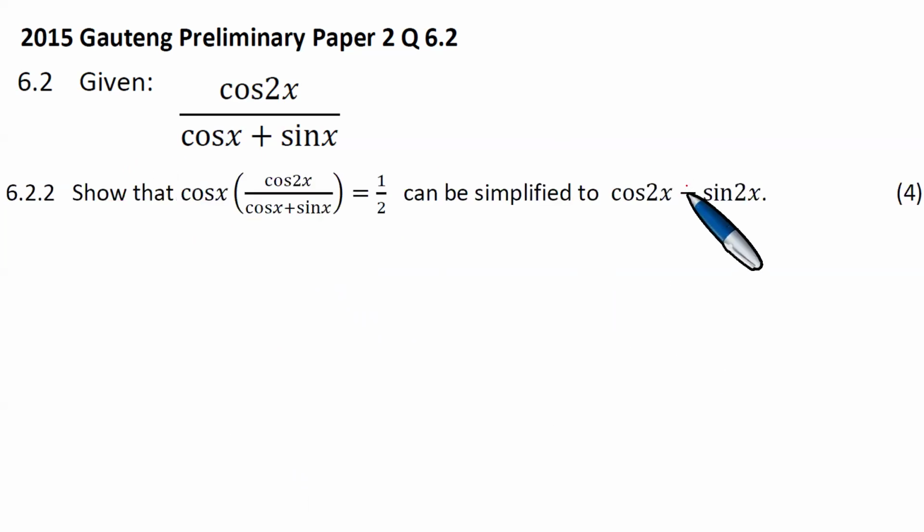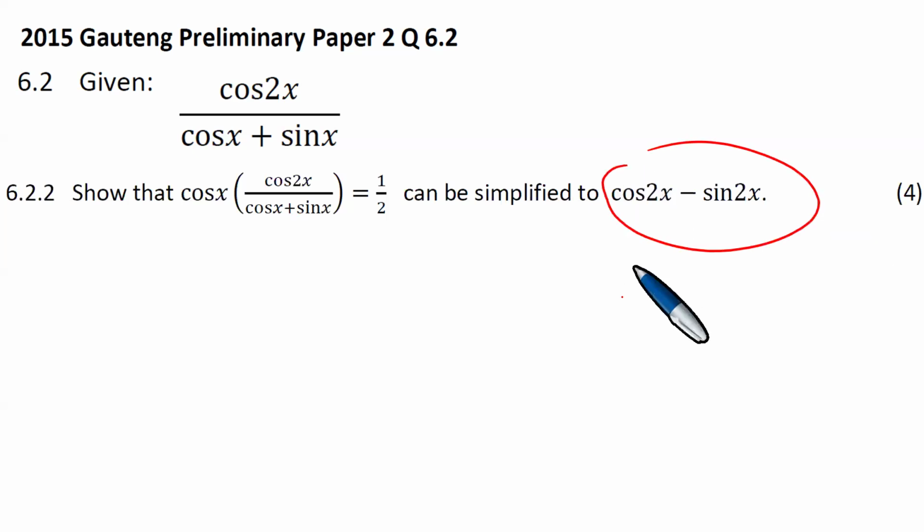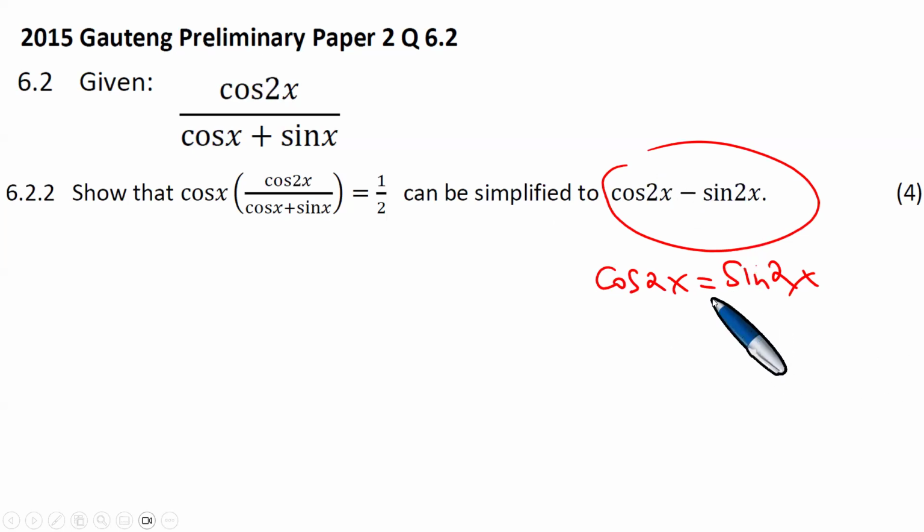We're going to use cosine 2x equals sine 2x. Okay, that's what we're going to use. Cosine 2x equals sine 2x, because they made a typing error here. I looked at the original question paper, written in 2015, and I realized that it should not be minus, but should be an equal sign.